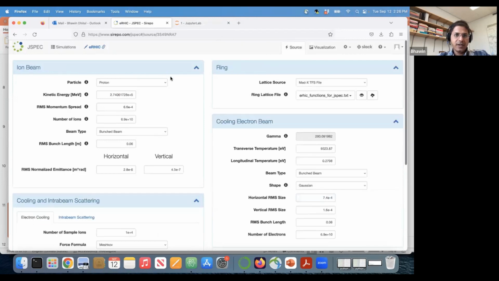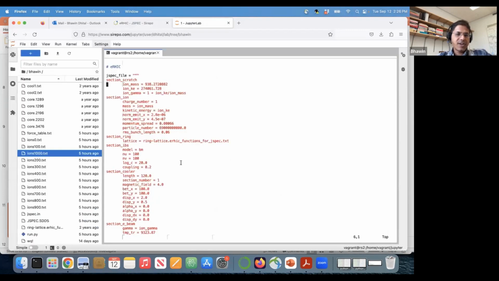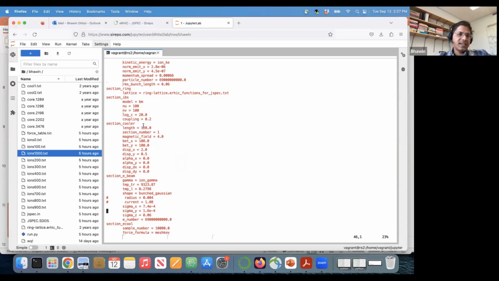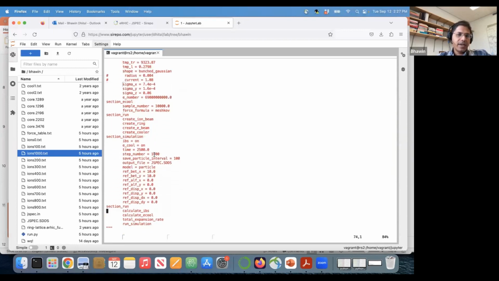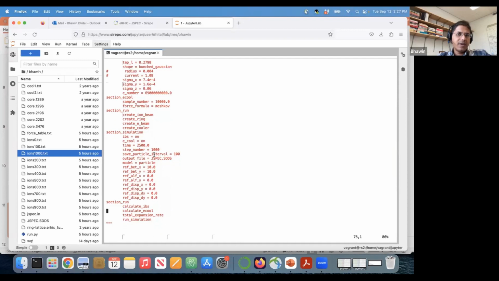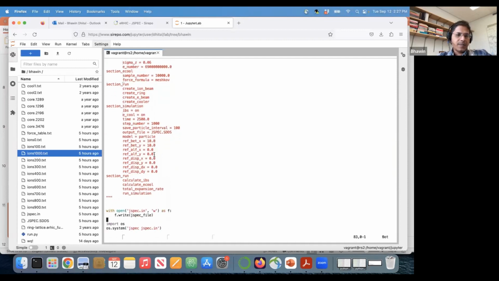Okay, so what you give here, you get exactly this input file, then you can run it in the Jupyter section. It has a cooling section for the electron beam, with exactly all the parameters we have given in JSPEC.